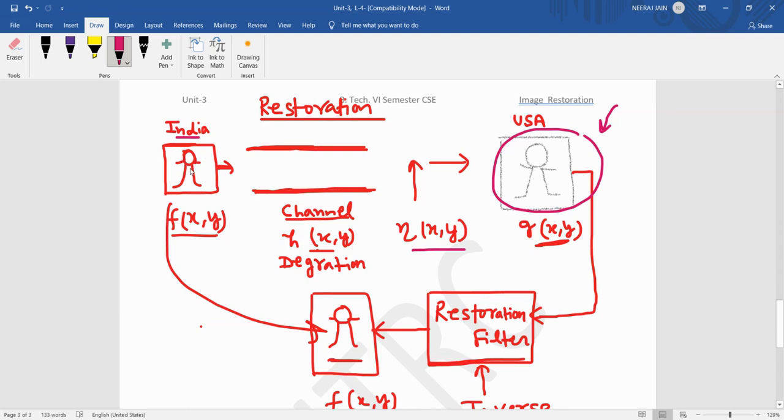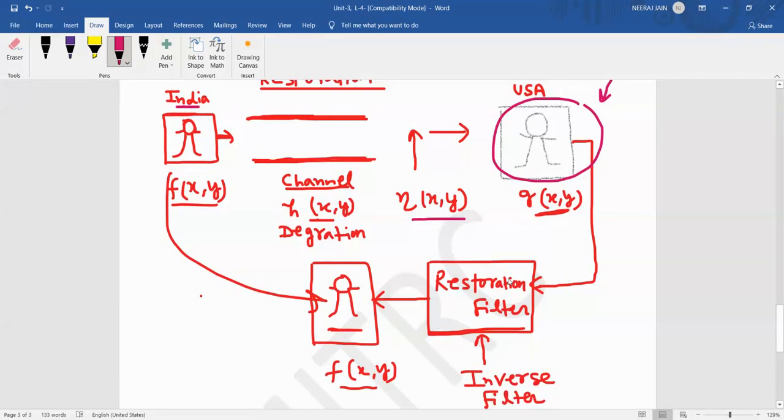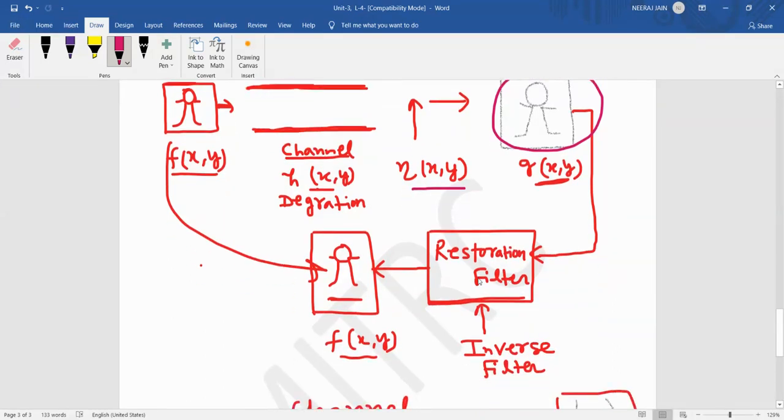Here we would like to obtain the actual image. So for getting this actual image, we apply some filter or restoration filter, so that we can get the image f(x,y) again at the receiving end.